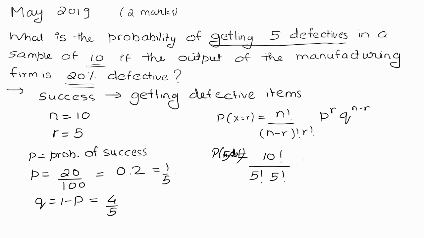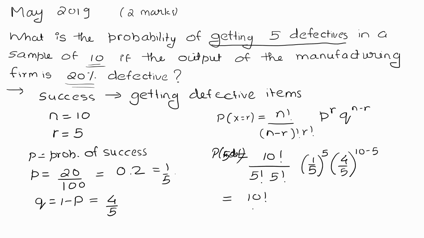P raised to r: p is 1 by 5 raised to 5. And q is 4 by 5 raised to n minus r, that is 10 minus 5. Once you solve this you get the answer. I'm not going to solve this further.